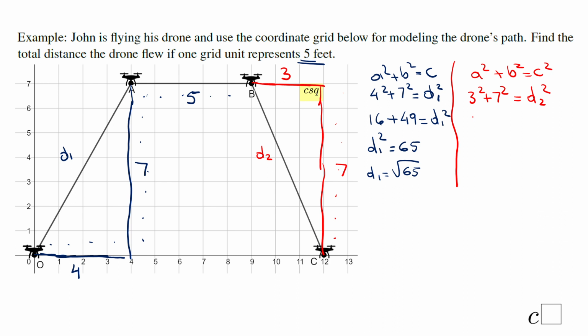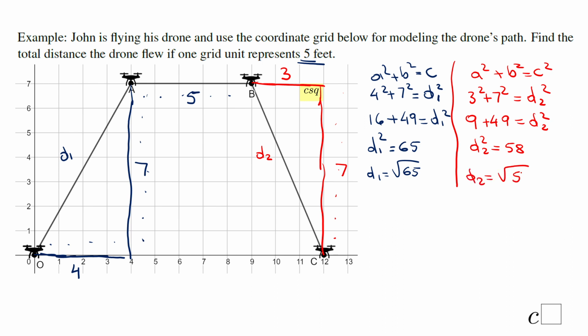So we have here 9 plus 49 equals D2 squared. So D2 squared will be 9 plus 49. Let me rewrite this 9 a little bit better. And that will be 58. So D2 will be the square root of 58.